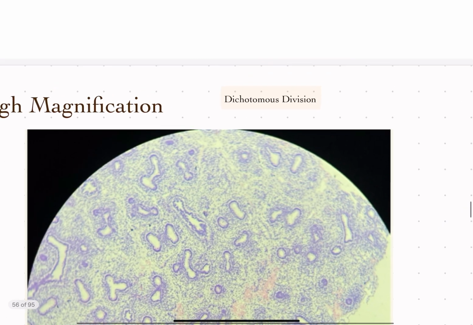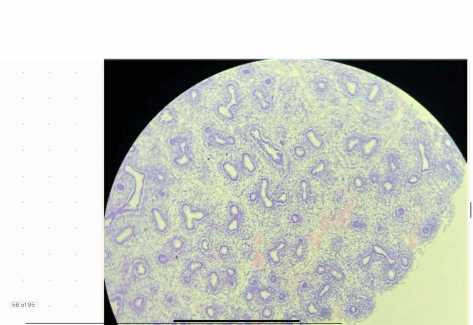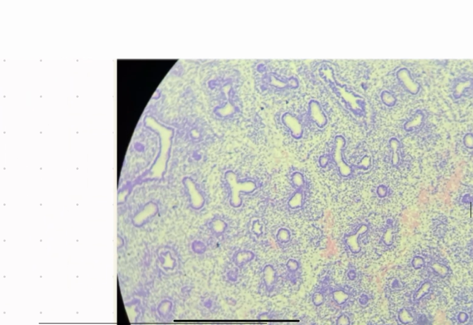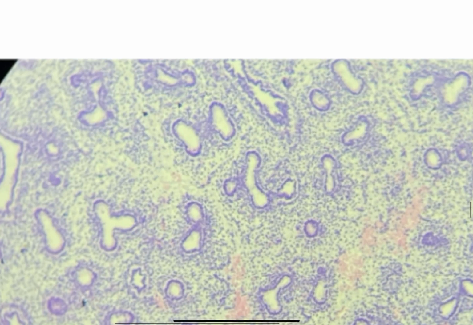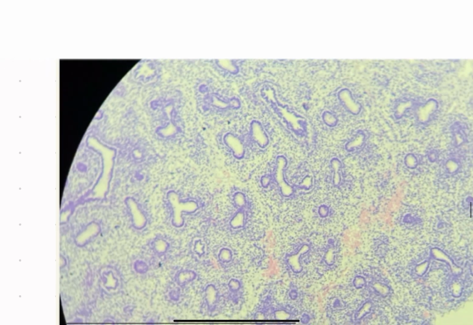First of all, the ones that I asked you about, the dichotomous division, like I said, it looks like a fidget spinner. It has these three sort of outward extensions, so it kind of looks like a three-headed clover or a Mickey Mouse head, whatever description suits you the best.